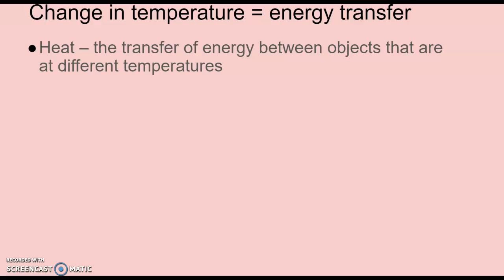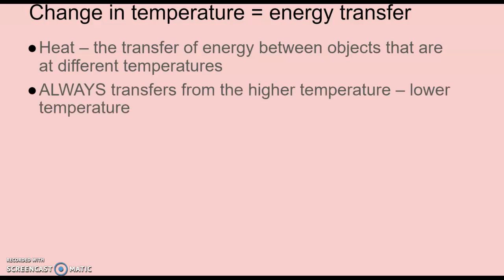The flow of that energy always transfers from the higher temperature to the lower one. So the energy from that higher temperature, right, it has more kinetic energy. So it makes sense that the warmer object is going to be the one that transfers that kinetic energy over to the colder object.